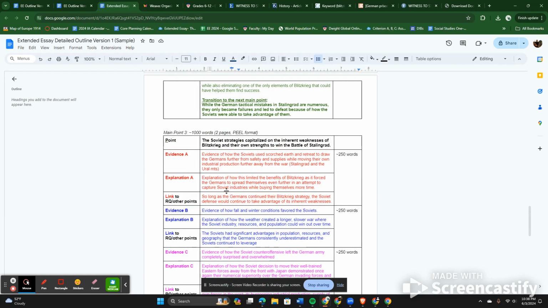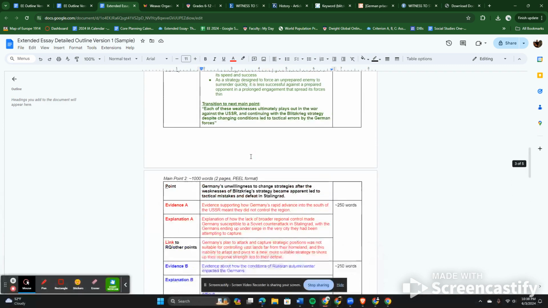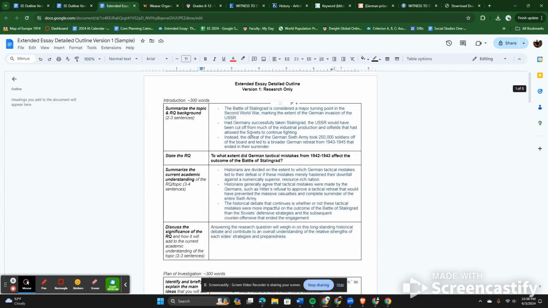You're not expected to include all of your evidence. You're just going to indicate what evidence you will find, or what you're expecting it to look like, and how you expect it to align with your main point and research question. Okay, and really focus on this beginning part where you put this into context.